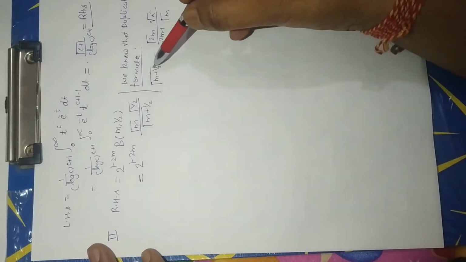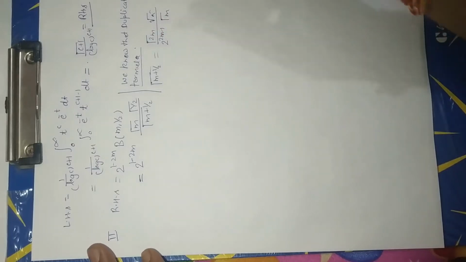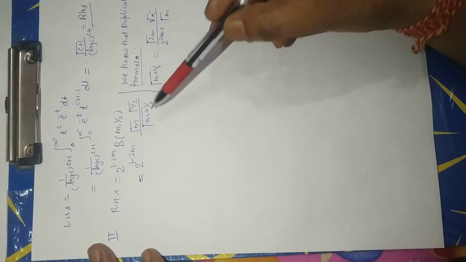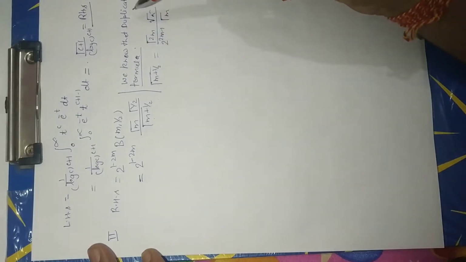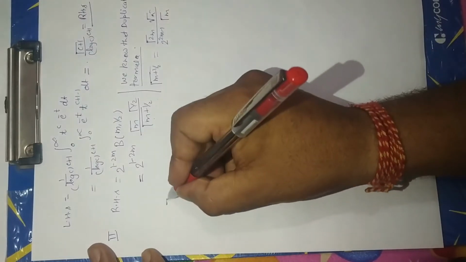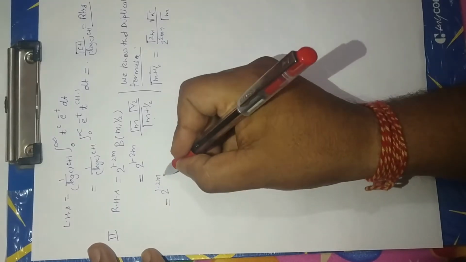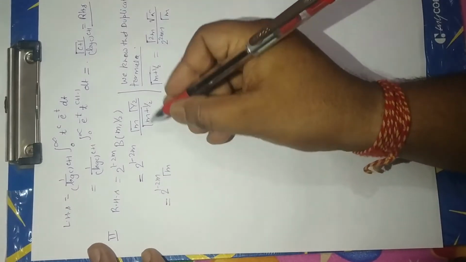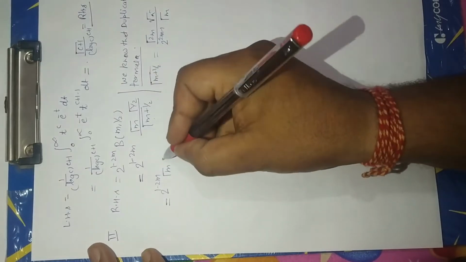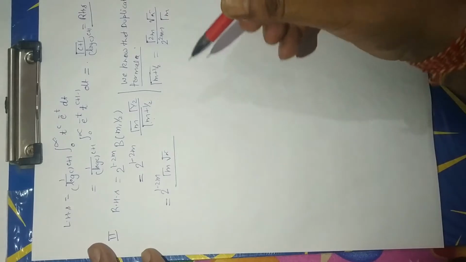This is the value of gamma m plus half by the duplication formula. Now putting the value of gamma m plus half from the duplication formula, we get 2 to the power 1 minus 2m, gamma m, gamma half, under root pi, upon the value of gamma m plus half.